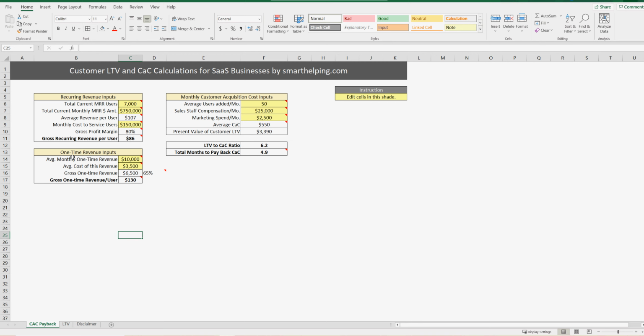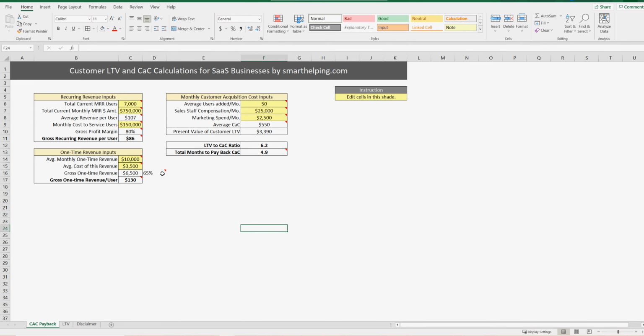Then you've got one-time inputs, so one-time revenue inputs. So if on average you get $10,000 of one-time revenue and it costs 3,500 to apply that, let's say that could be a setup of an account, and you pay 3,500 as a one-time onboarding to staff that help get the customer locked into your platform, and you don't need to keep doing that every month.